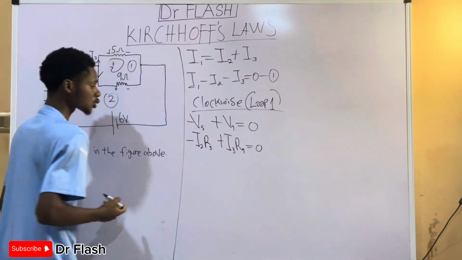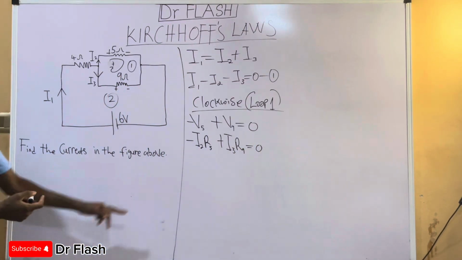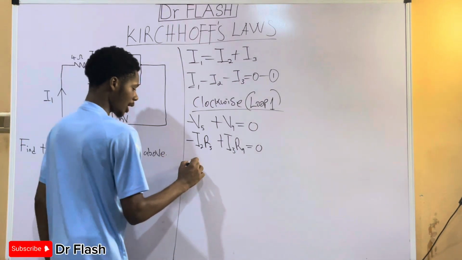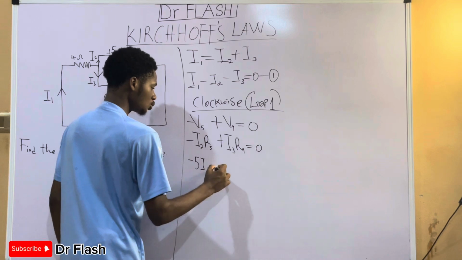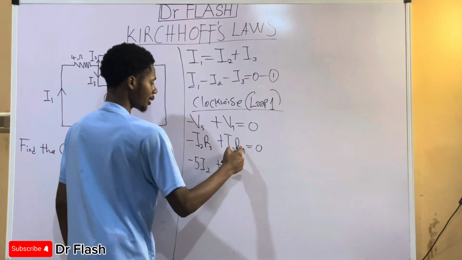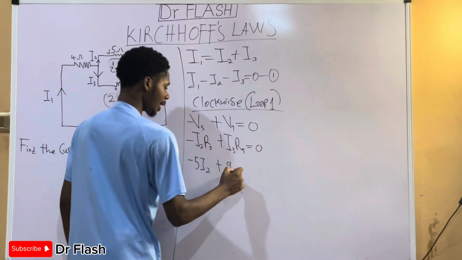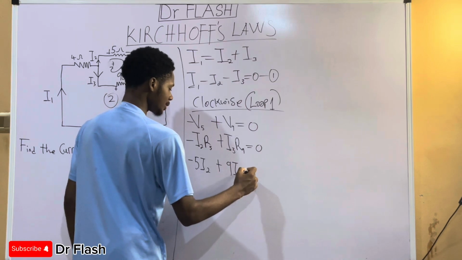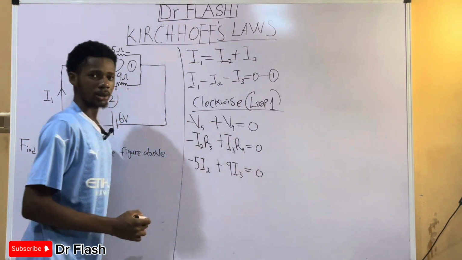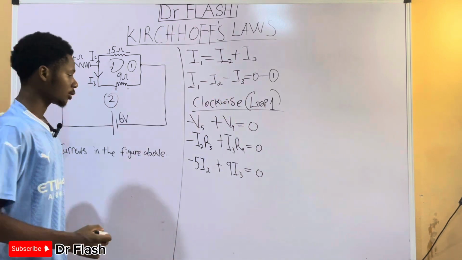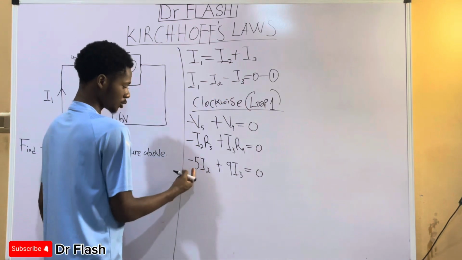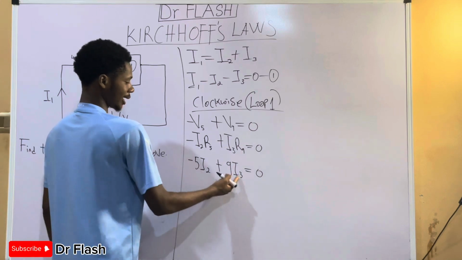Now let's substitute. R5 simply means R is 5, so I have minus 5 I2 plus R9 is 9, so we have 9 I3, and this is equal to 0. I want to rearrange this equation so that it will look exactly like the first one. It's already arranged, so we have minus 5 I2 plus 9 I3 equal to 0.